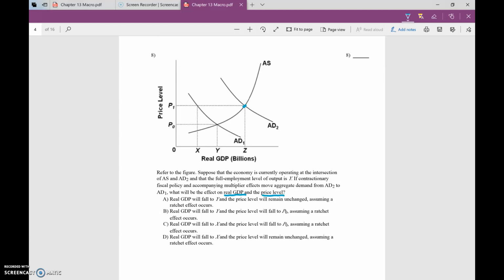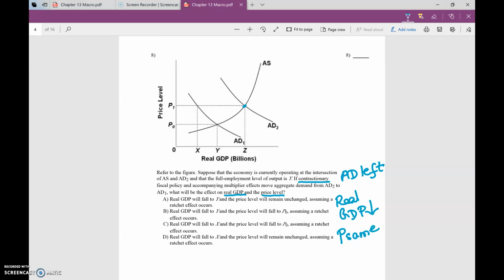So contractionary fiscal policy, whenever we have that, this means the aggregate demand will shift to the left. As a result, my real gross domestic product will go down, but the price is going to stay the same.